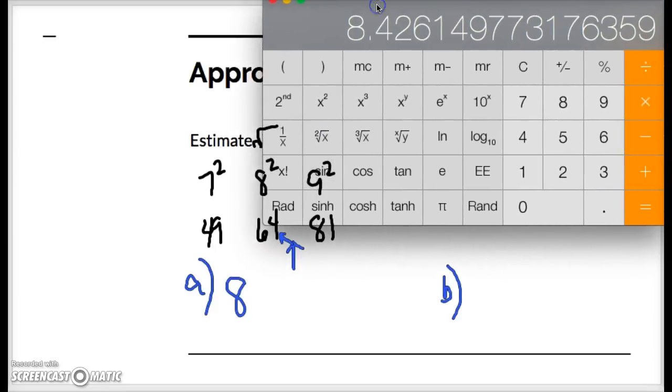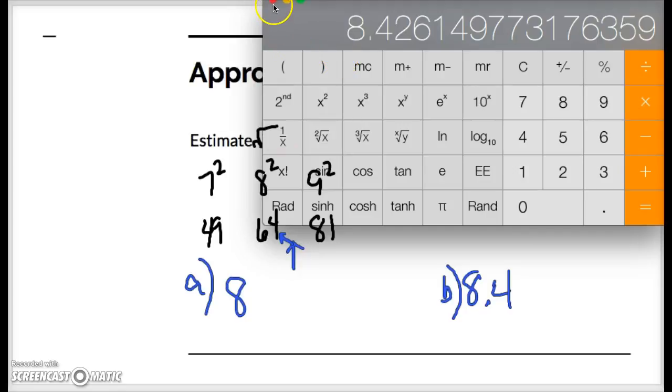Notice you get 8.4261 and so on. And nearest tenth, that's the first number after the decimal point. So this would round to about 8.4. It's almost halfway between 8 and 9.